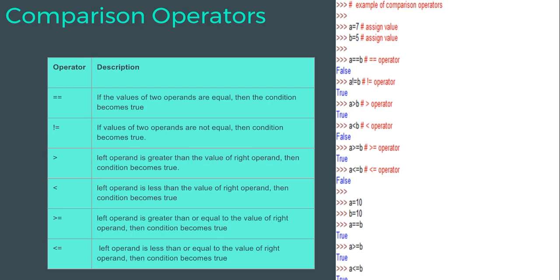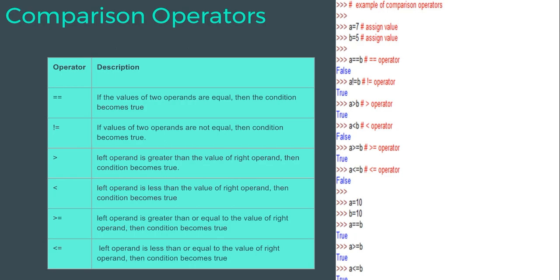Now let's take an example of comparison operators. a is equal to 7, assigned to the variable a, and b is equal to 5. Now if we perform the equal operator, a equal b means 7 is equal to 5, the answer will be false because the two operands are not equal here.